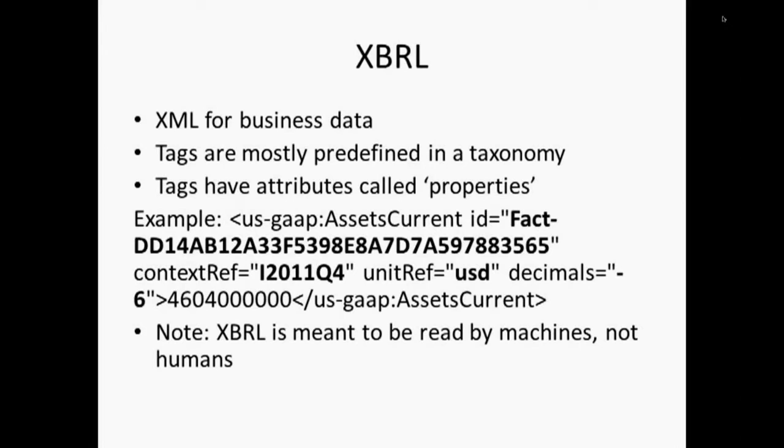So the machine has a code that tells it to interpret this in a way that displays it as current assets, not as assets current. So the machine will say, I'm looking for assets current, and when I display it, I'm going to call it current assets, or the current assets, or whatever you want.